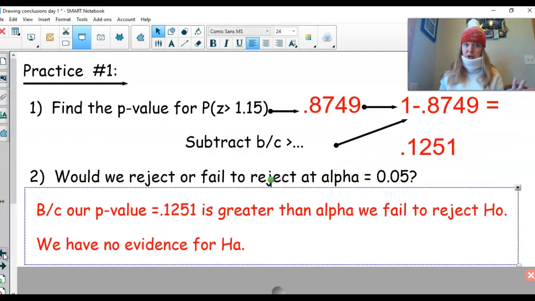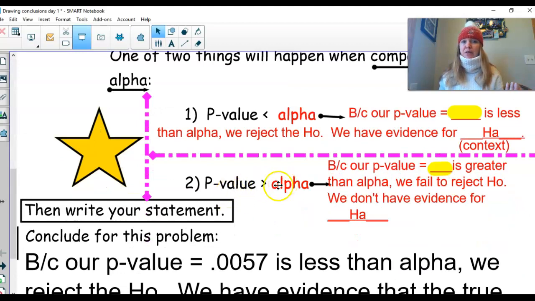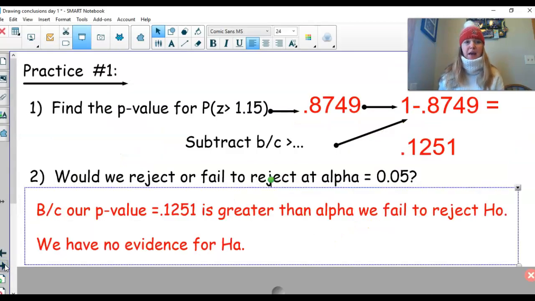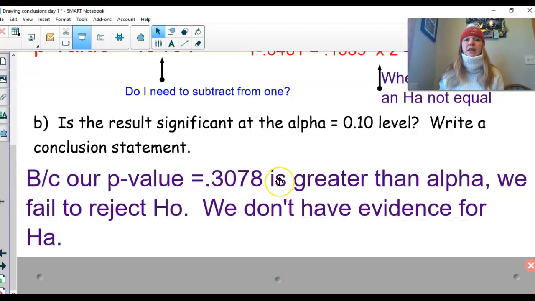So we go to our notes. When a p-value is greater than alpha, we pretty much copy this sentence frame word for word. If we have context, we put the context when we can. In this case, we don't have any context. Okay, so because our p-value is equal to 0.3078 and is greater than alpha, we fail to reject the null hypothesis. We don't have evidence for HA.